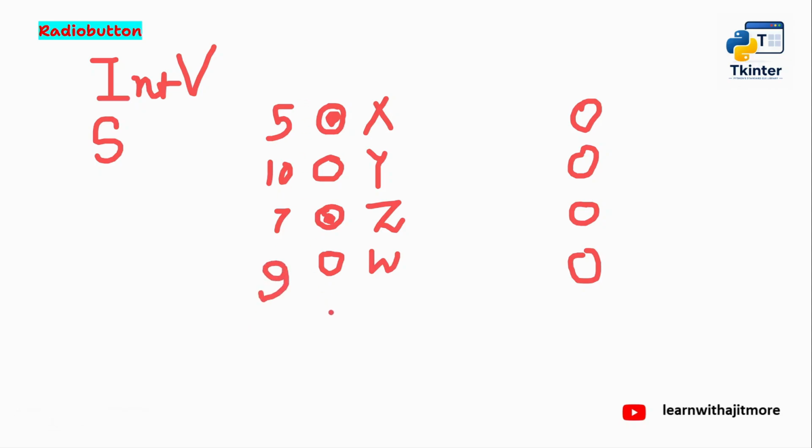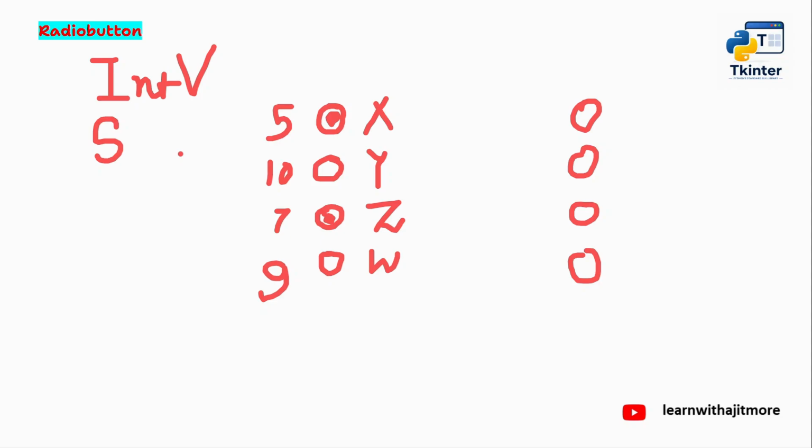So I give the value when I create these radio buttons: to each radio button I give value equal to 5, value equal to 10, and variable equal to that IntVar or StringVar, depending on the values. If the values are integers, use IntVar. If the values are strings, use StringVar.